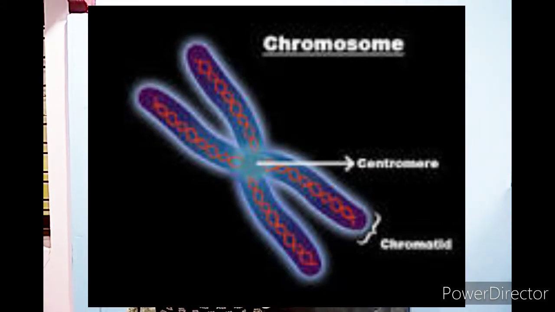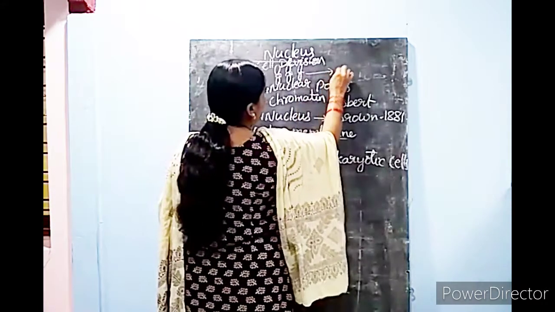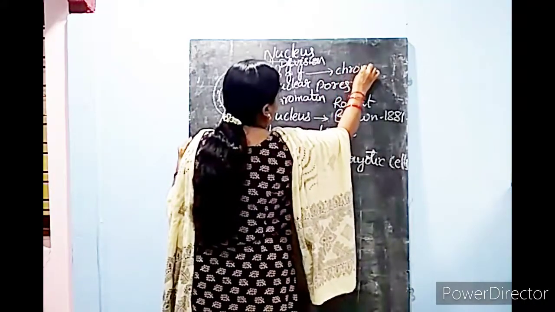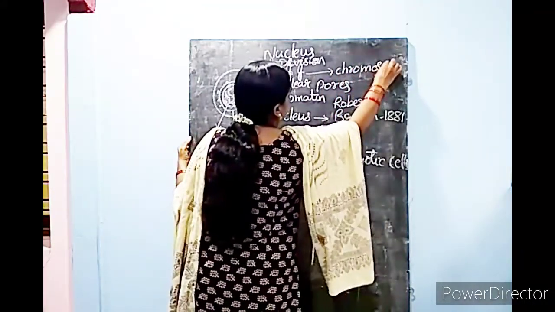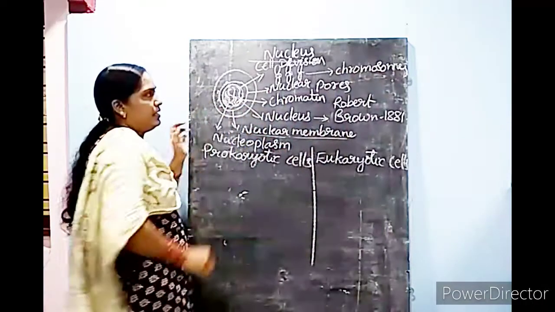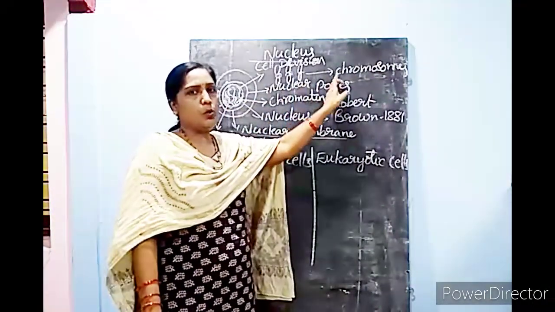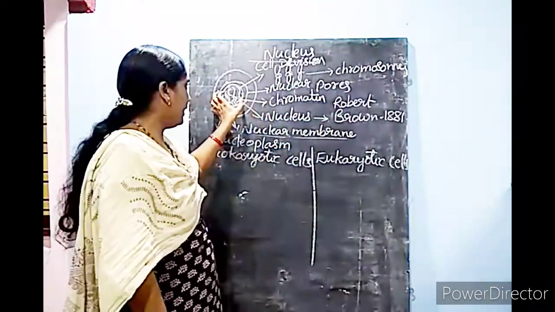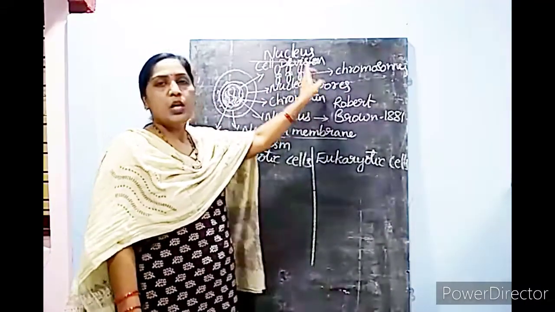These are known as chromosomes. So chromatin condenses and forms chromosomes. The condensed chromatin forms the chromosomes.